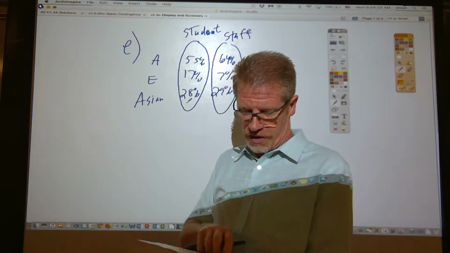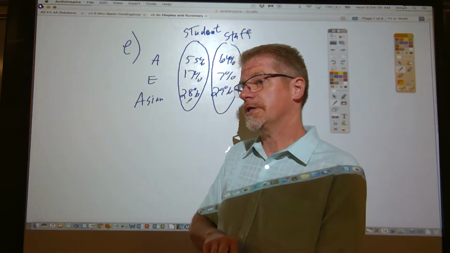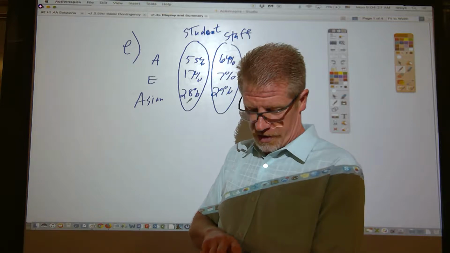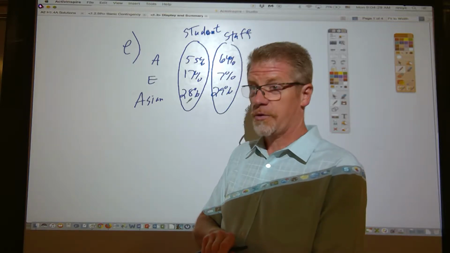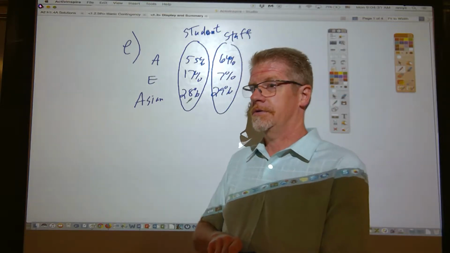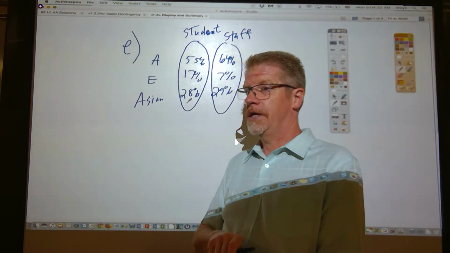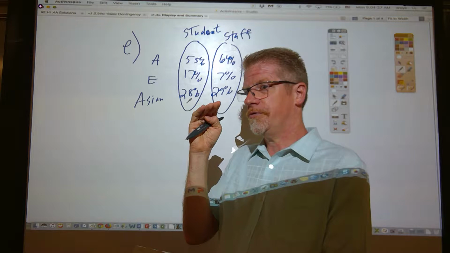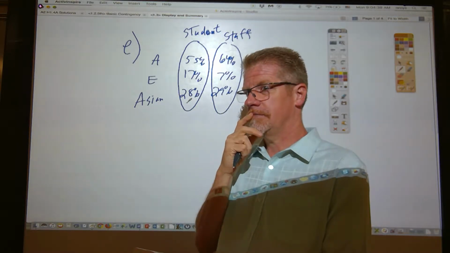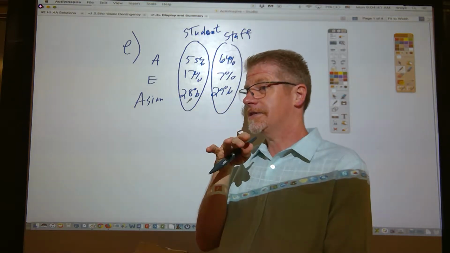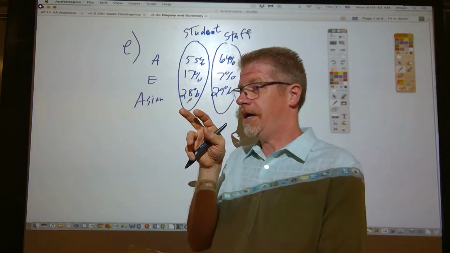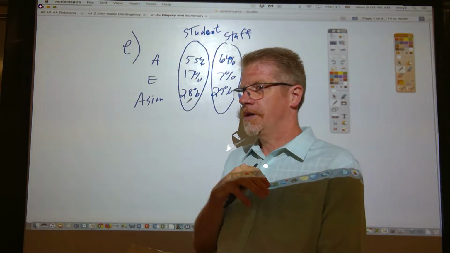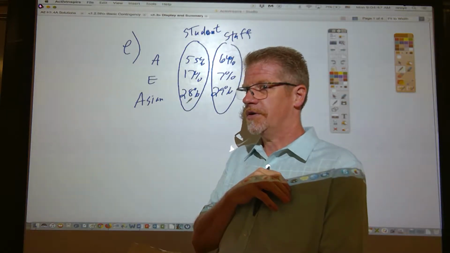So if you want an approach to interpretation here, whatever word comes after the word by is basically the variable for which you want various categories. It's whatever comes after the word by in the author's way of describing these problems.